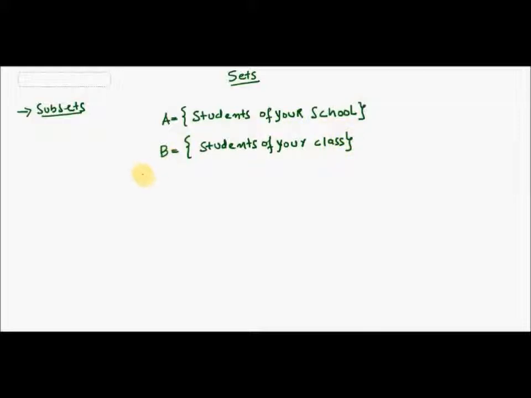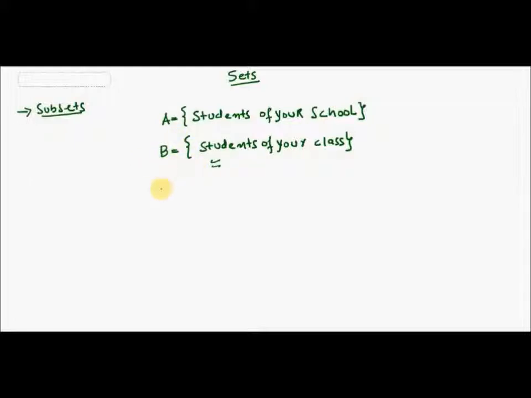Right? Now if you notice, every student of your class is also a student of your school, right? So I can say that every element of B will automatically be present in A, right?